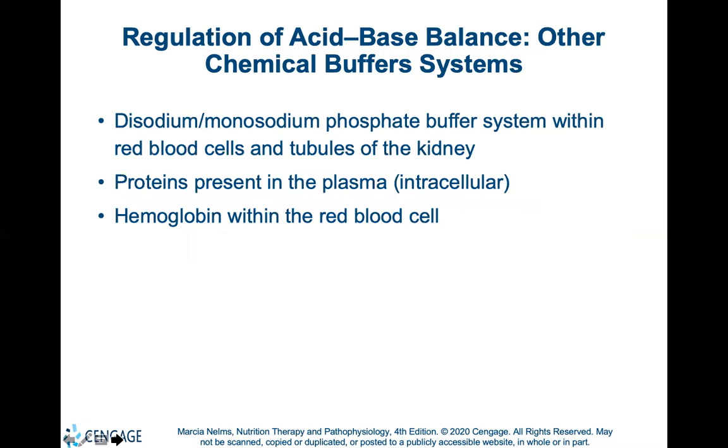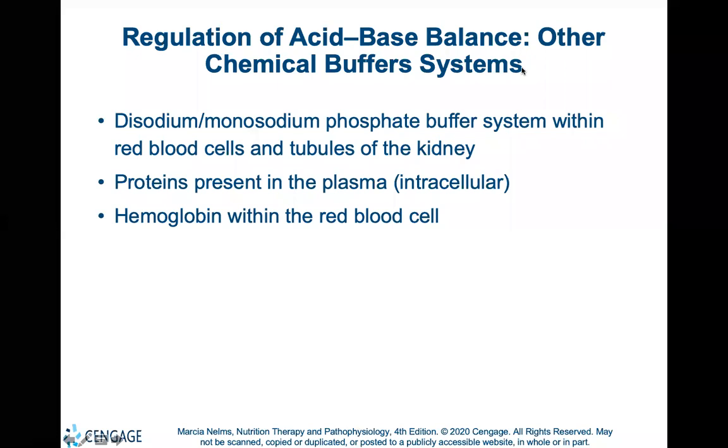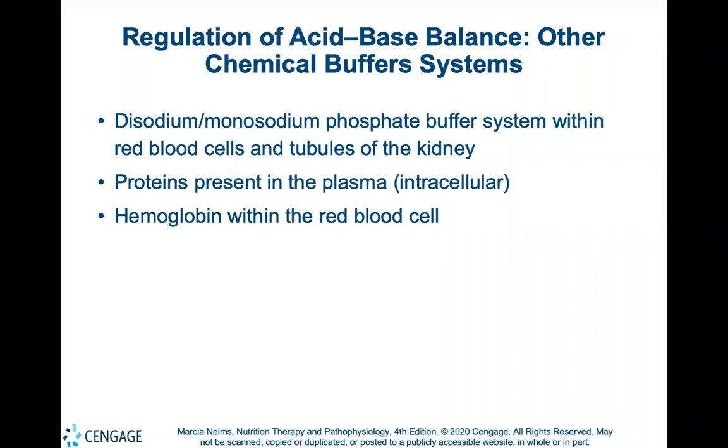The body has additional buffer systems in place to compensate for changes that could occur from sources of acid. An important buffer system within red blood cells and tubules of the kidney is the disodium/monosodium phosphate buffer.